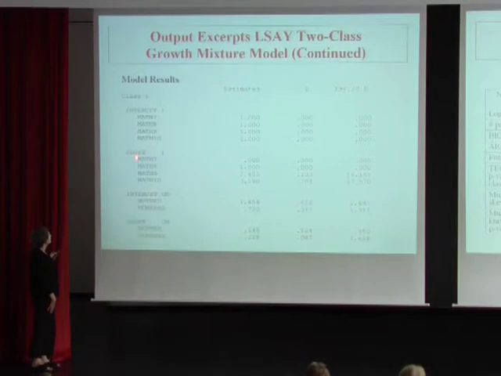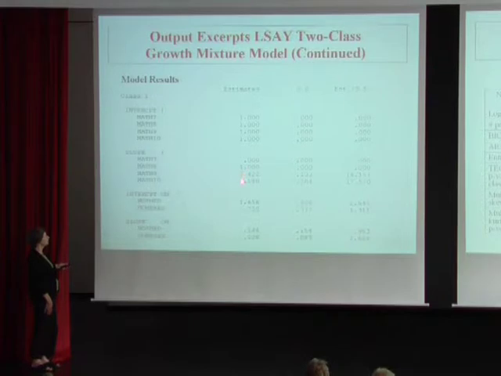And for the slope, math 7 is fixed at 0, math 8 is fixed at 1. And remember, we said we were going to estimate math 9 and math 10. You can see that they were estimated at 2.422 and 3.588, rather than the values of 2 and 3 that we would have fixed them to for a totally linear model.